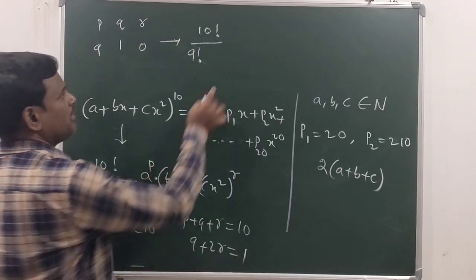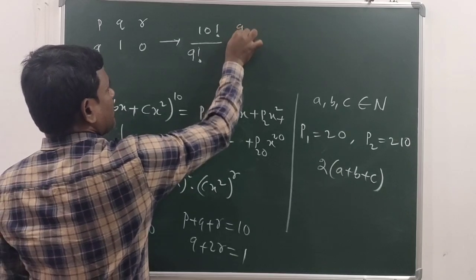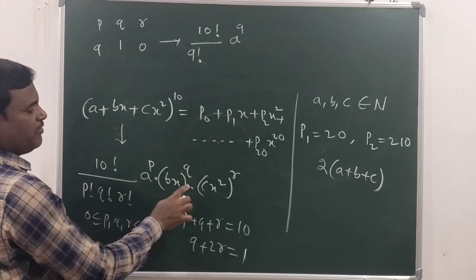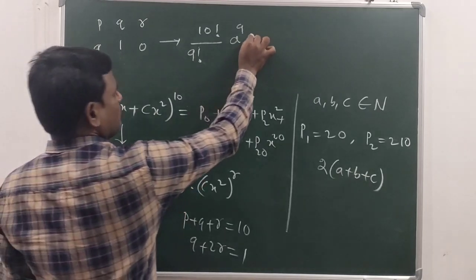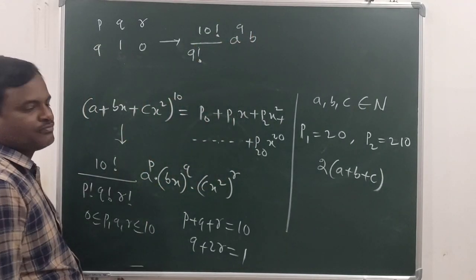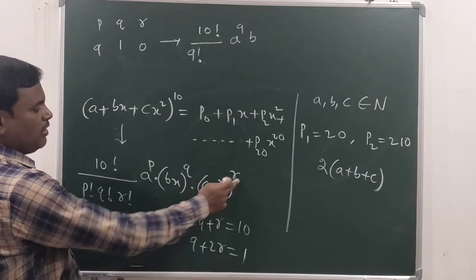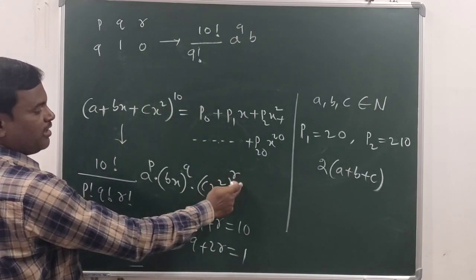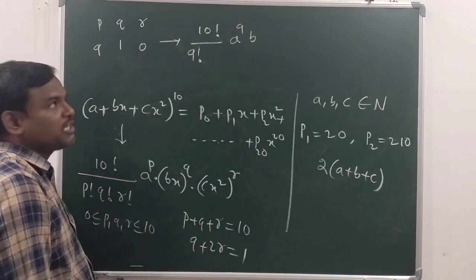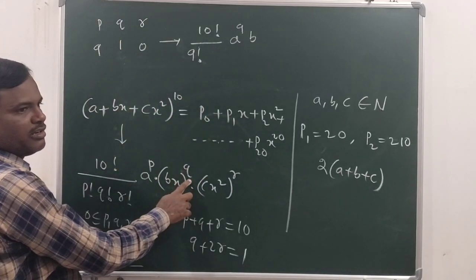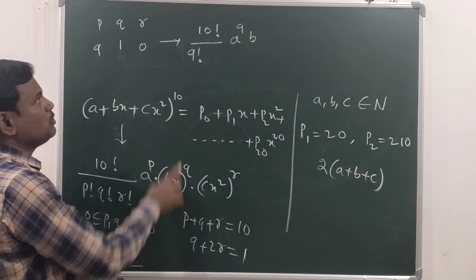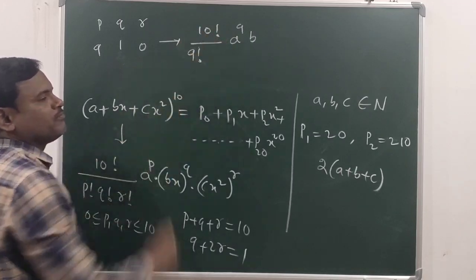So here also a power 9, b power Q, Q value we are writing 1. So here R value 0; if I write R = 0, this becomes 1. So this is the coefficient of x, because here Q value 1, I got a power P, b power Q, x power 1. So this is the coefficient of x power 1.